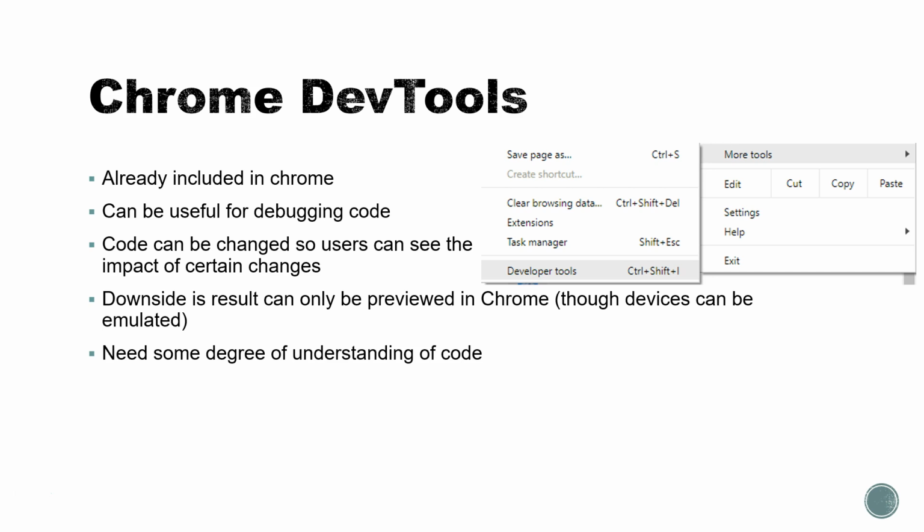Chrome is, the last time I checked, at about 45% usage, so there's still 55% of people that aren't using Chrome. Now, you may need to check that figure up. It's been a little while since I looked it up, but the bottom line is that enough people don't use Chrome for you not to be just going, oh, it looks okay in Chrome, therefore it's okay. You need to be developing websites for every browser.